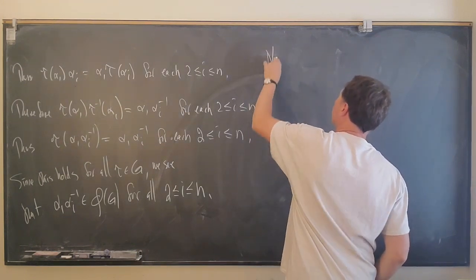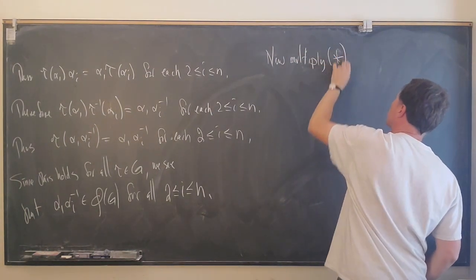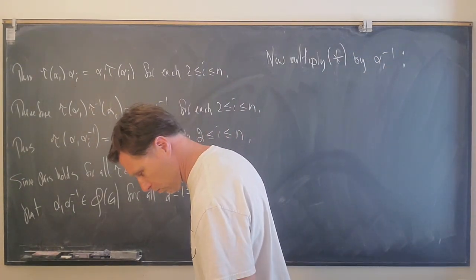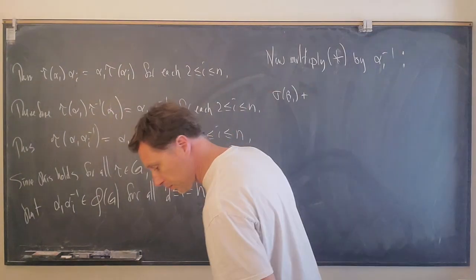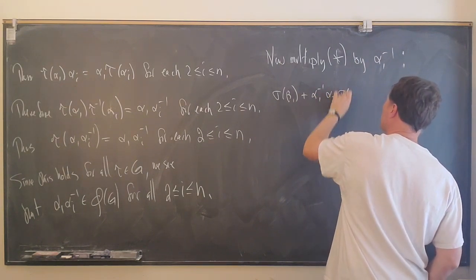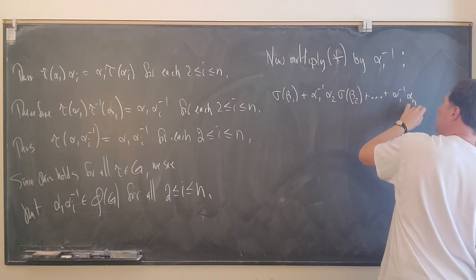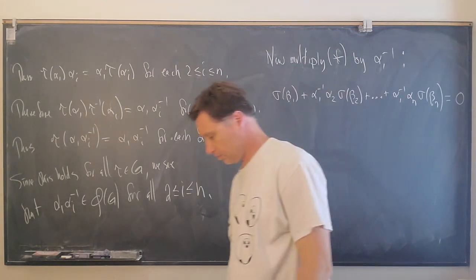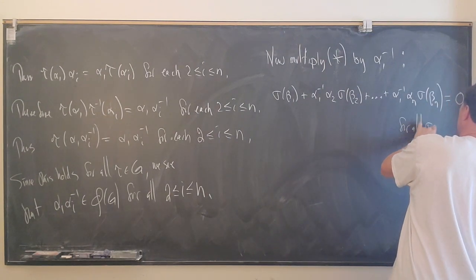So multiply equation star by alpha 1 inverse, and so now we're going to get sigma beta 1 plus alpha 1 inverse alpha 2 sigma beta 2 plus dot dot dot plus alpha 1 inverse alpha n sigma beta n equal to 0. Once again, this is for all sigma in G.